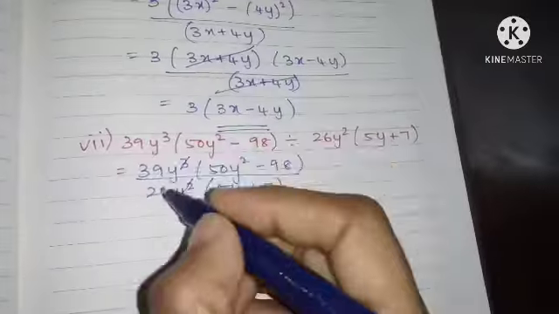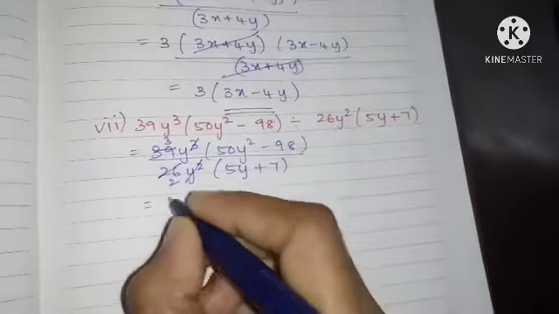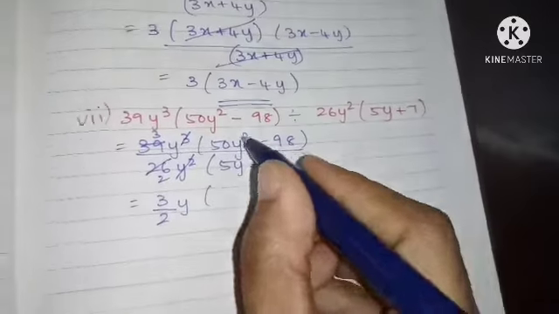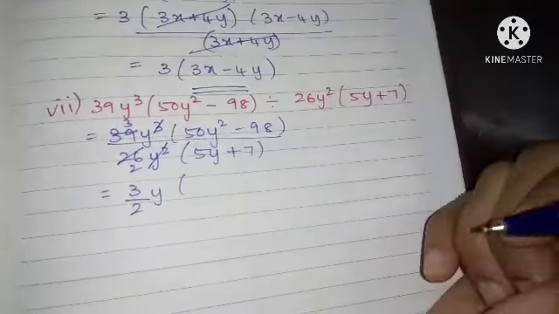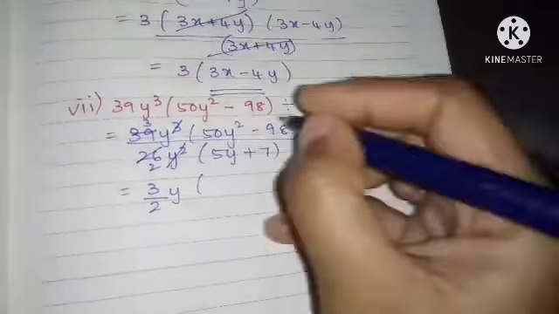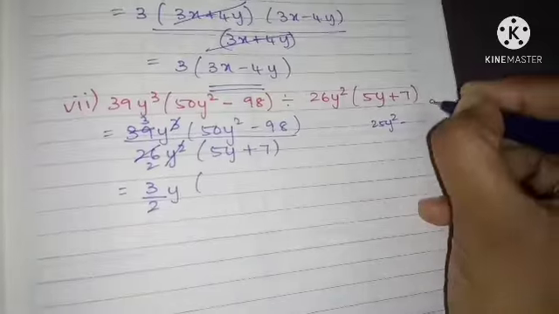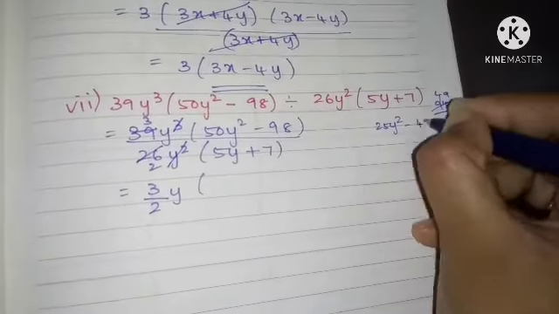So 3 by 2y of 50y square minus 98. In that, can we take anything outside? In the 2 table, 25y square minus 98 by 2, 2 4s are 8, 2 9s are 18, 49.